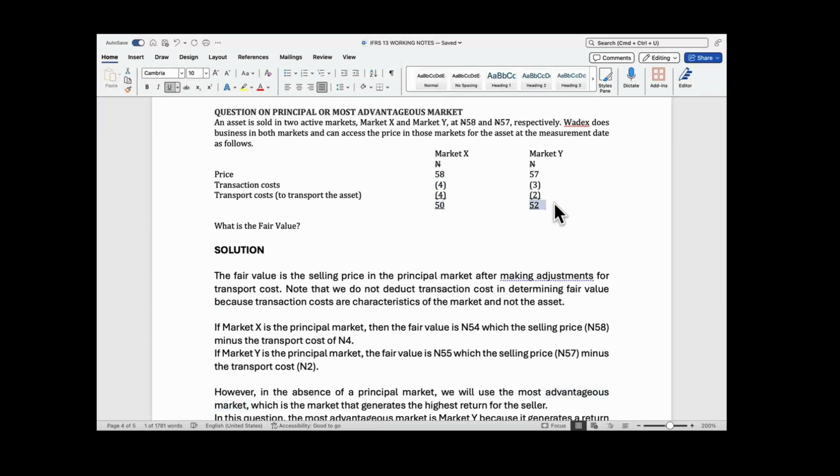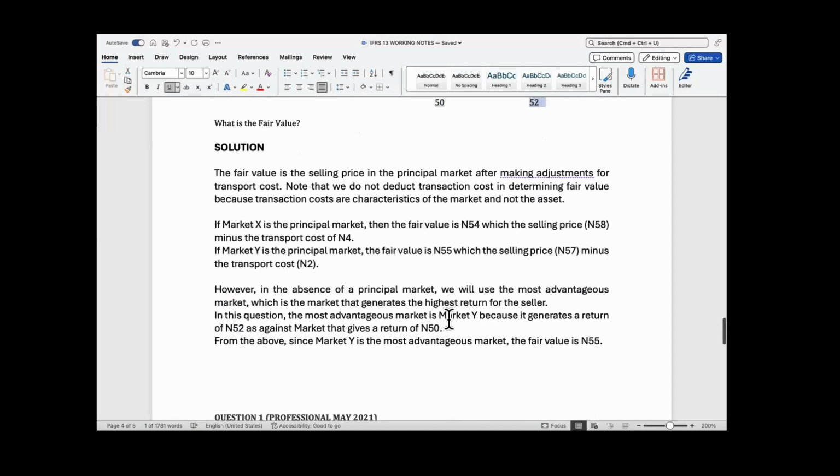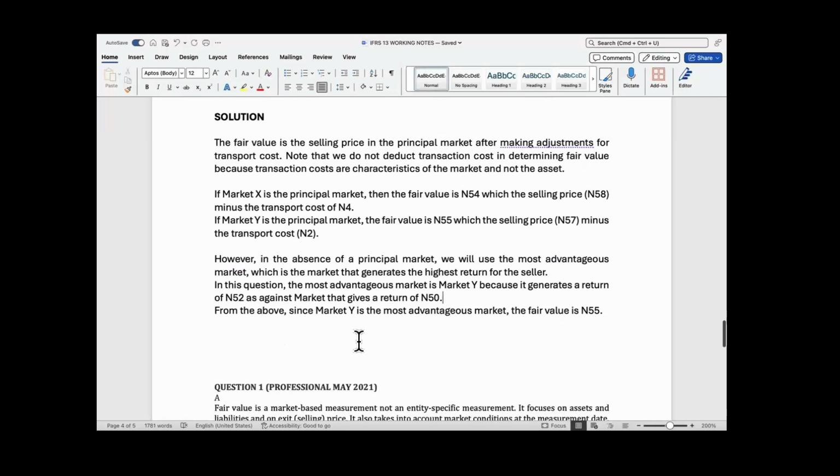So obviously, market Y gives him more money. So market Y is the most advantageous market. Now, when that is established, then you can say, okay, since market Y is the most advantageous market, then the fair value is 55 naira.